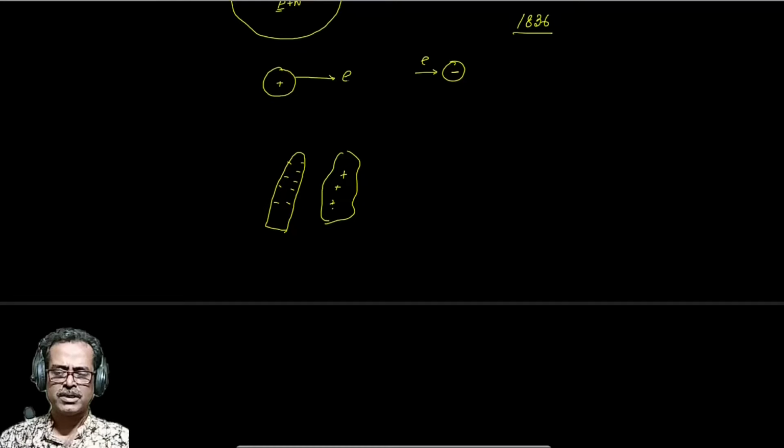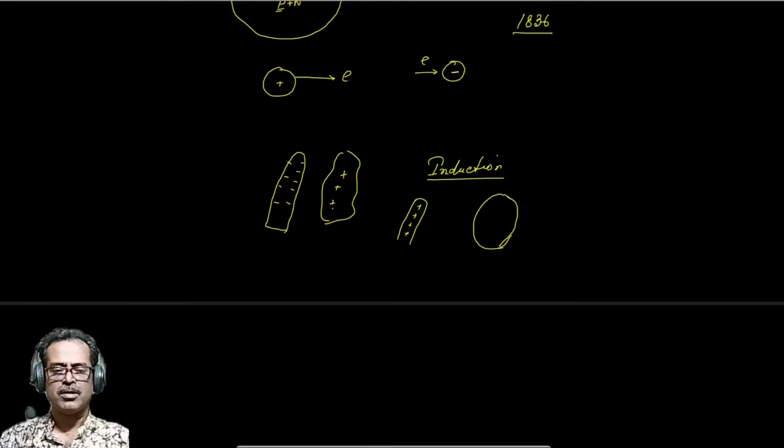There is another process which is called the method of induction. By this process, if a charged object, suppose this is positively charged, comes closer to a body which is neutral, it may be a conductor or insulating material. When it comes nearer to the body, we know that positive charge always attracts negative, and this material consists of electrons and protons.